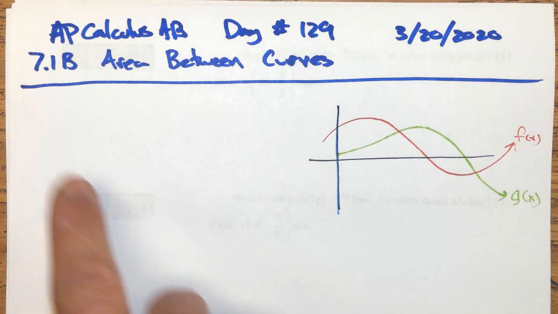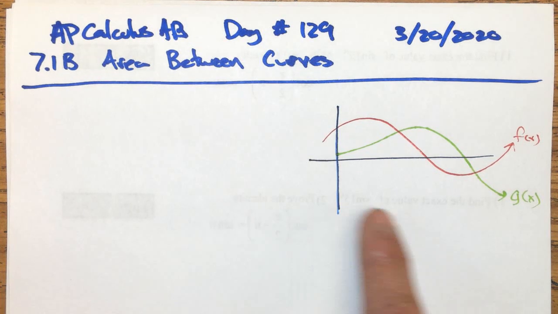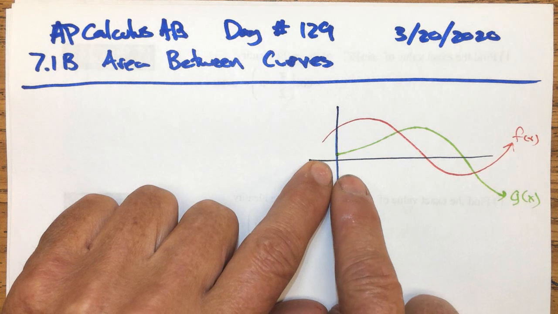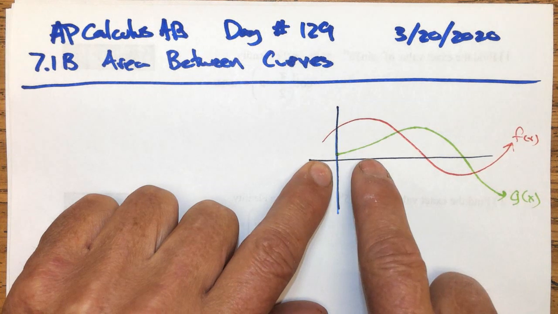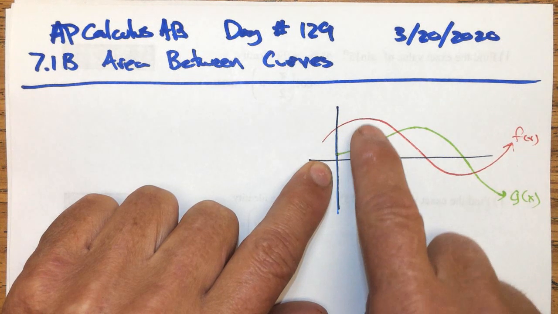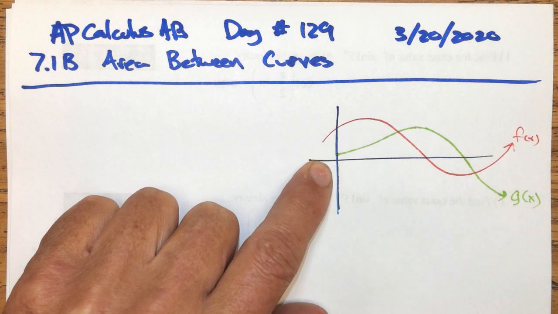But anyway, we've got the area between two curves today. Before we were looking between a curve and the x-axis. Now what if I wanted to find the area that exists between the two curves?